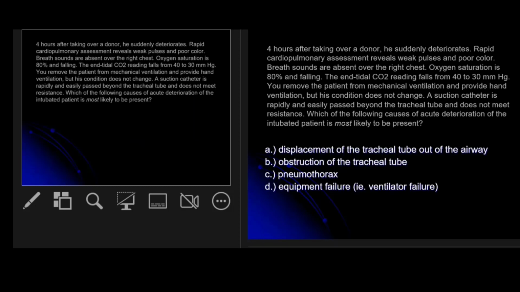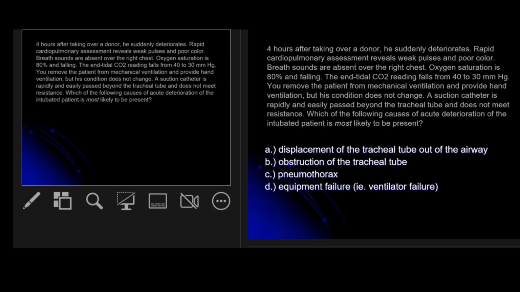Next, 4 hours after taking over, a donor suddenly deteriorates. Rapid cardiopulmonary assessment reveals weak pulses and a poor color. Breath sounds are absent over the right chest. Oxygen saturation is 80% and falling. The end-tidal CO2 reading falls from 40 to 30. You remove the patient from mechanical ventilation and start doing bag valve mask or hand ventilation, but the condition does not change.